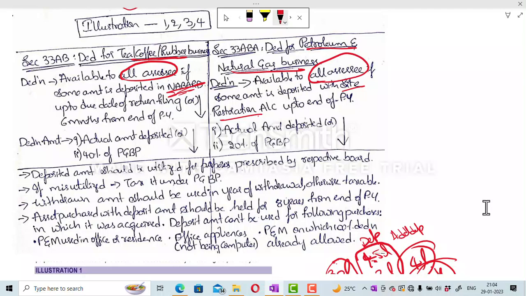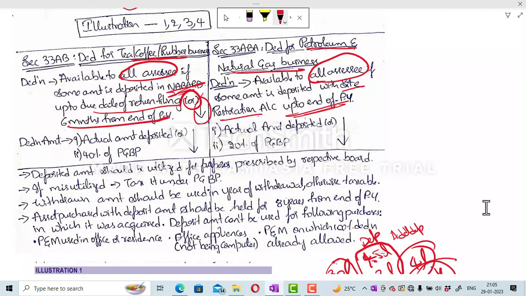But what we should do, we should deposit some amount into NABARD up to which date? Up to the due date of return filing or 6 months from the end of the previous year, whichever is lower. If it is a case of petroleum and natural gas business, we can deposit up to the end of the previous year. Okay, remember this separately.